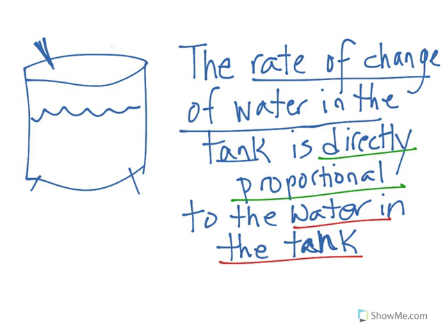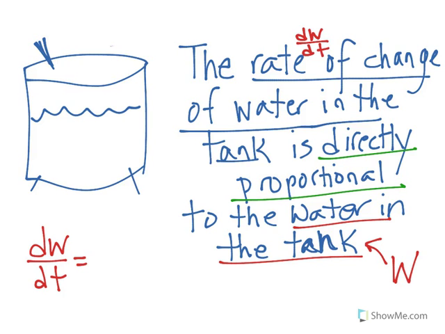The big key here is directly proportional. So I'm going to assign my water a letter, W. And I'm going to call my rate of change of water in the tank dW dt. No more W primes, because we can use the longer version. And the key is that they're directly proportional. So that means that dW over dt is equal to k, some constant, times W.